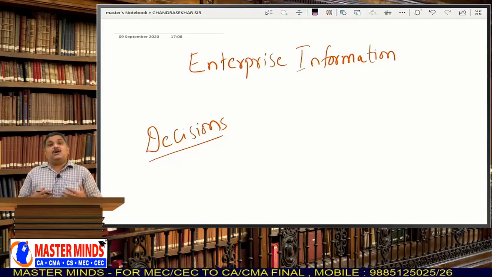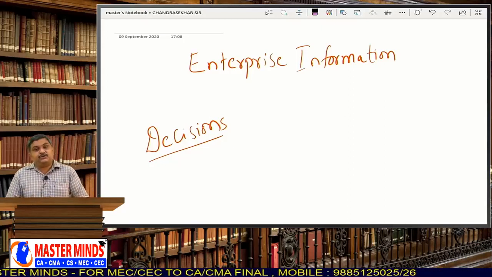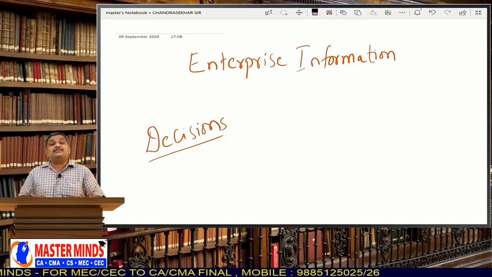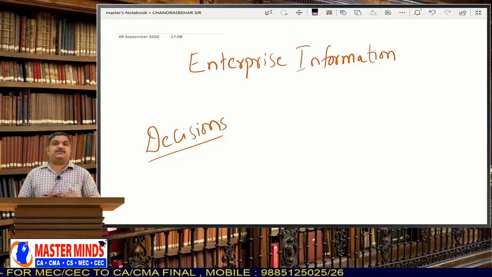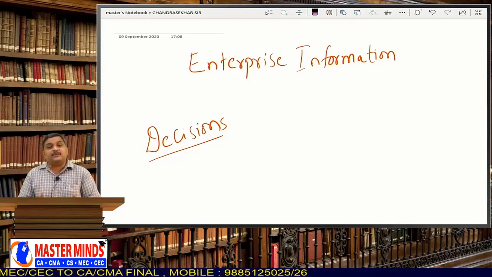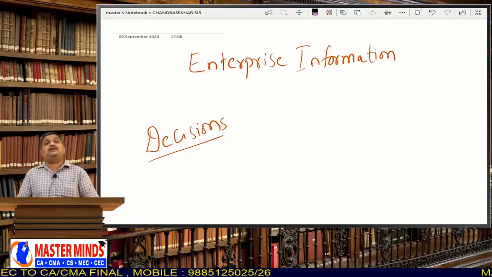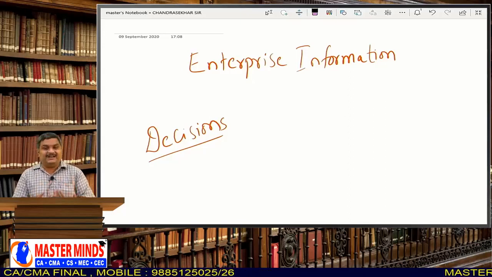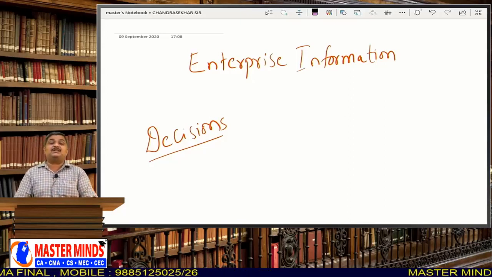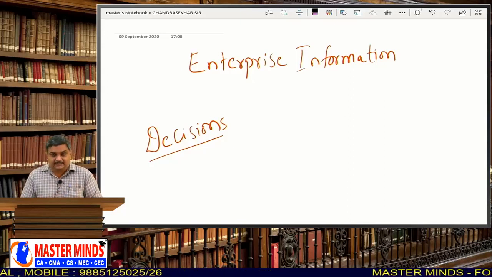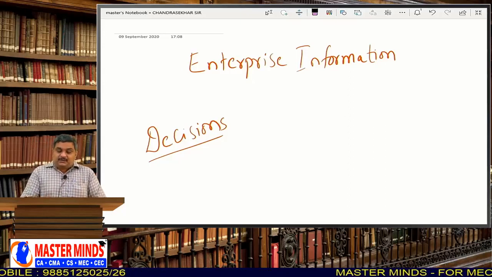Then, how will you get the knowledge? You will get the knowledge by assimilating the information. And what is information? Information can be thought of as processed data.